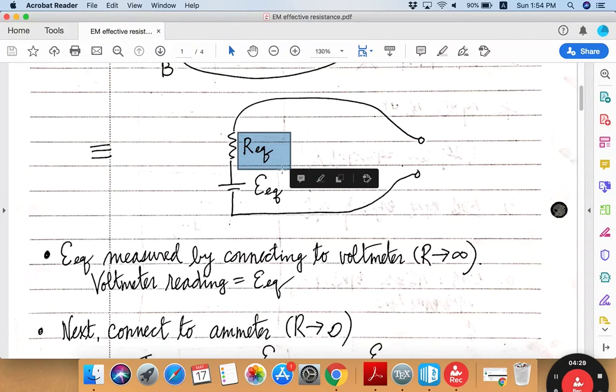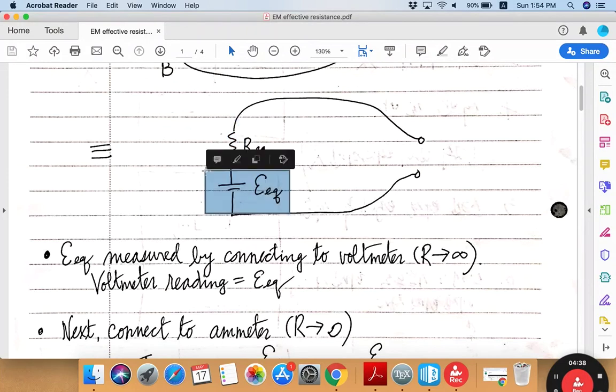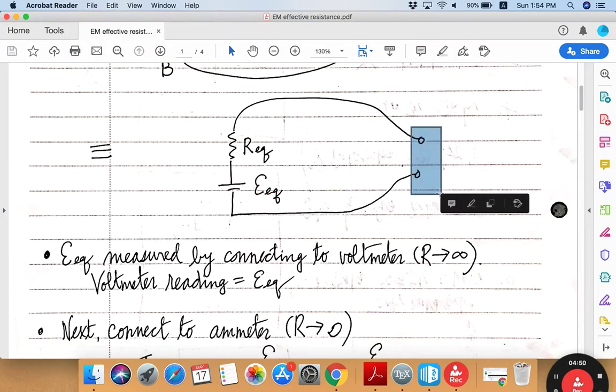So there is no voltage drop across this effective resistor. That means the effective or equivalent voltage, whatever this value may be, is going to be picked up by the reading on the voltmeter. So the reading on the voltmeter must exactly equal the effective voltage of the circuit to which you're hooking up the voltmeter.